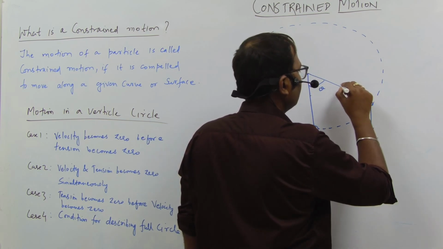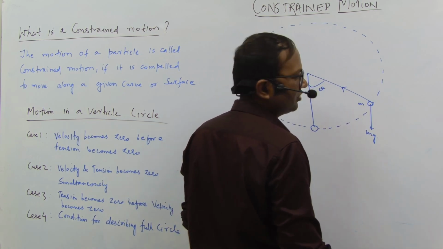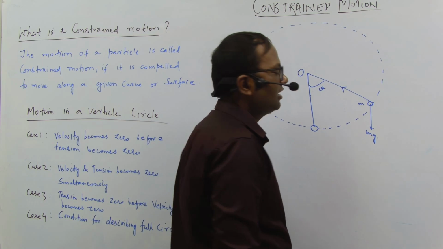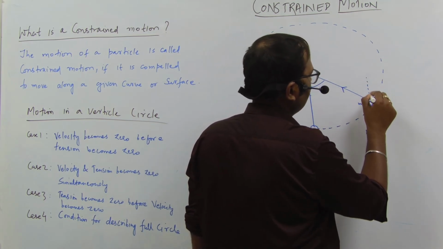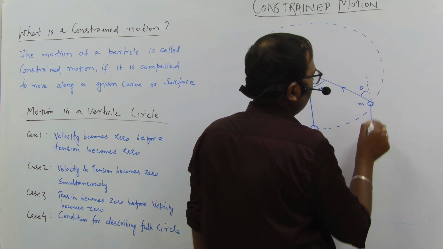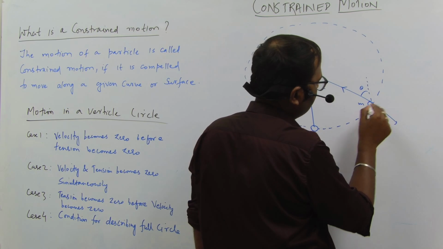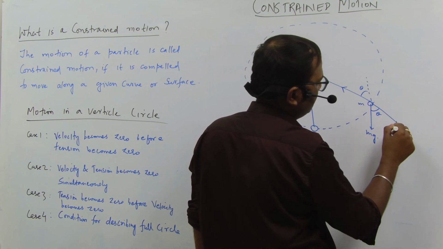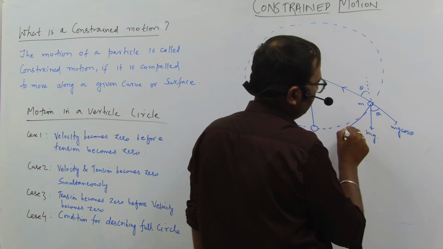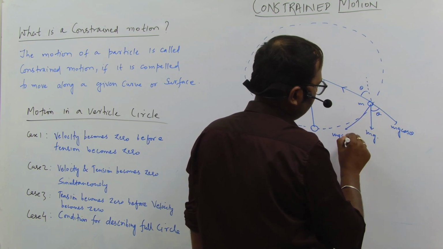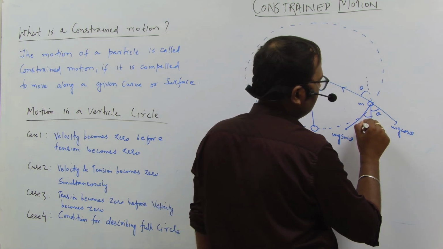We have tension that is acting towards the origin. Let us consider this angle as theta, so we have this angle also as theta. So this is mg cos theta and this is mg sin theta. This is theta, so this is 90 minus theta.